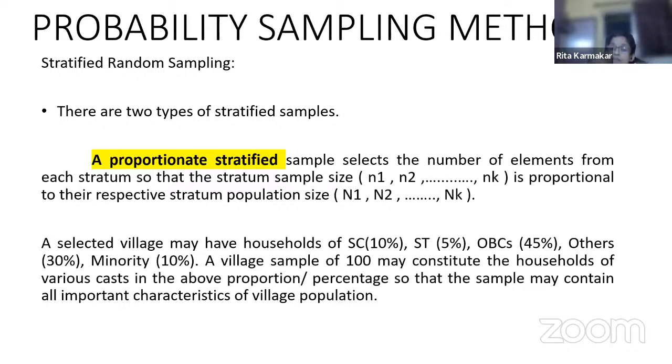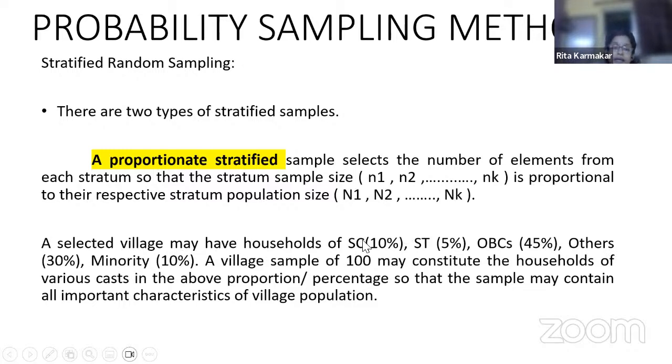Taking the village example, it first divides the village population into different strata. How many strata are there? SC, ST, OBCs, others, maybe general categories, and the minority.